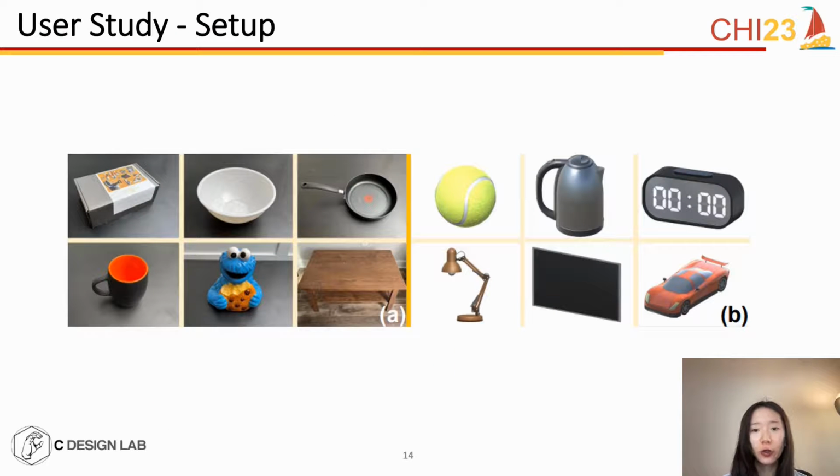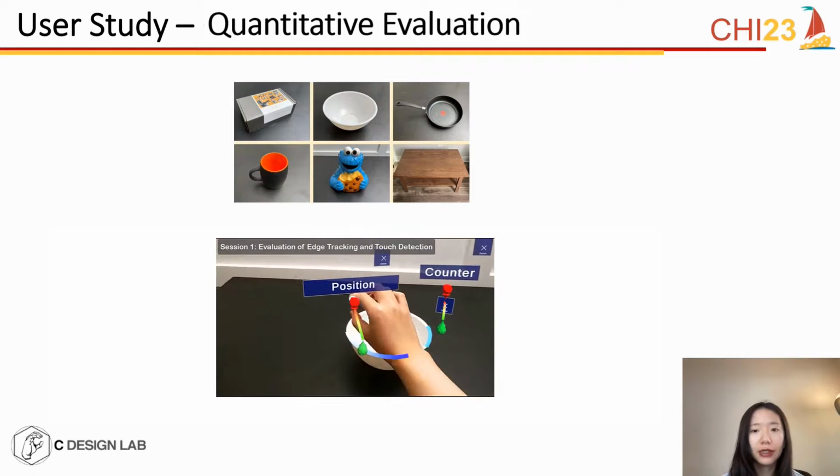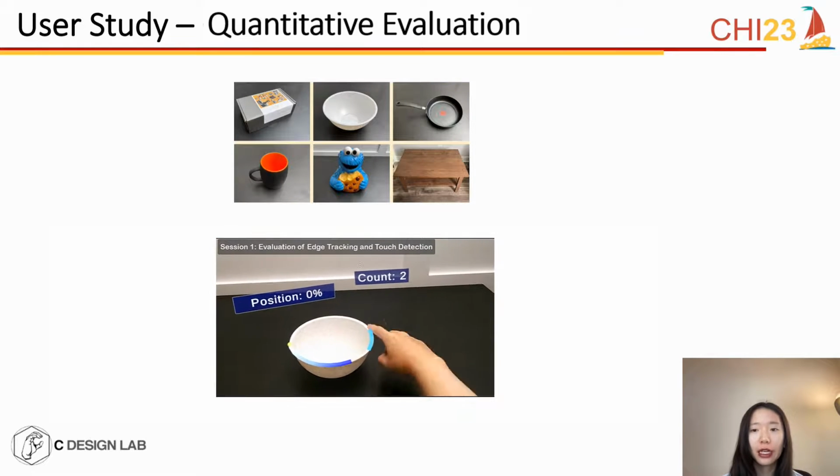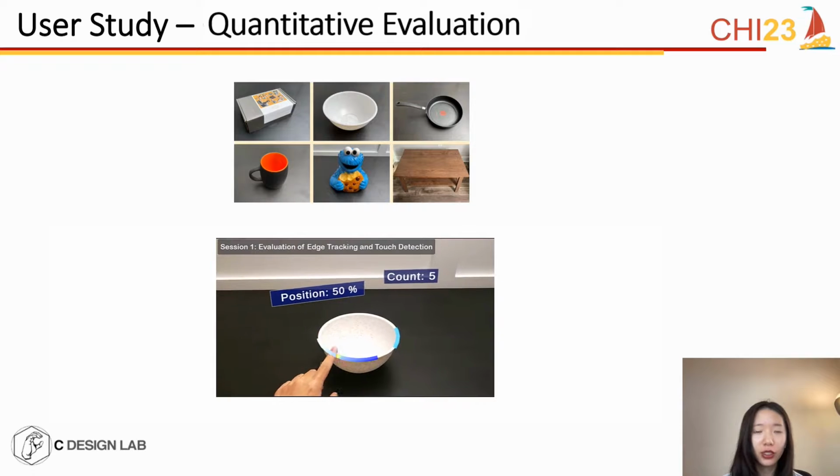We conducted a two-session user study to evaluate the accuracy of the touch interaction with edges, TUI authoring feasibility, and overall system usability. We provided six daily objects, and they vary in size, edge numbers, and edge curvatures. The first session is a quantitative evaluation of the touch interaction, and the second session is a qualitative evaluation. In the first session, for each object, users can choose any two tangible edges they want.